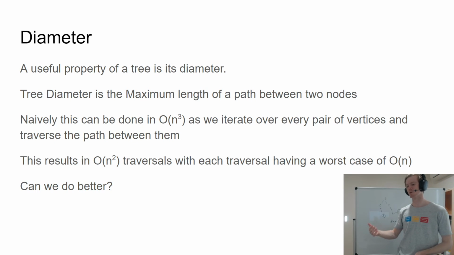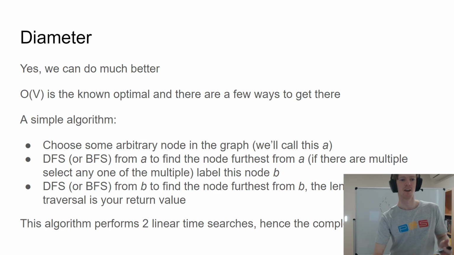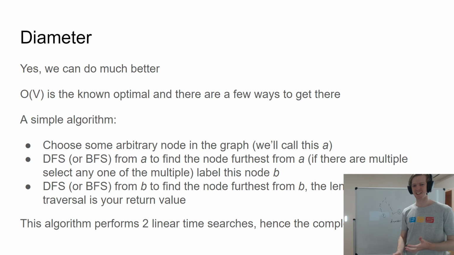This can be brought down with dynamic programming to O of n squared, but we can do even better than this. So what I'm going to propose is a fairly interesting algorithm, which doesn't necessarily seem intuitive at first.